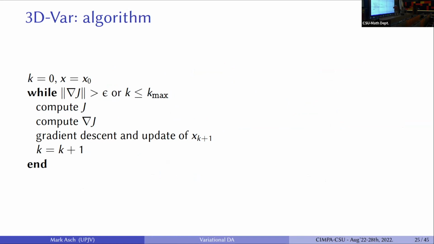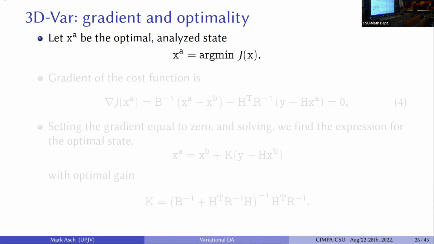And while the gradient is large, or we've reached the limit of the number of iterations, in other words, we don't want to spend more time computing, we compute j, we compute the gradient. We use a gradient descent algorithm, any type. It can be simple or more sophisticated, like a quasi-Newton method. We update x to xk plus 1, and then we loop. And so 3D var is basically very simple. We just have to use the stuff that I showed you before.